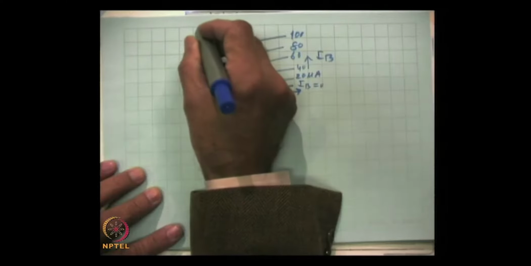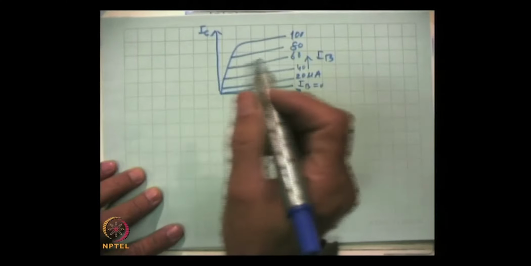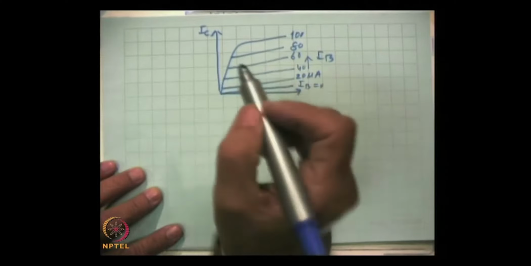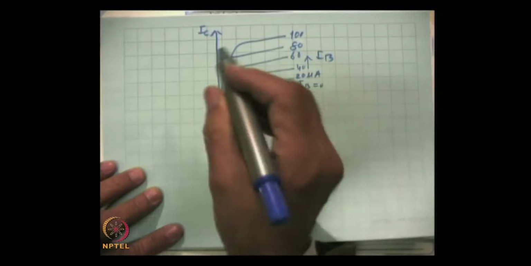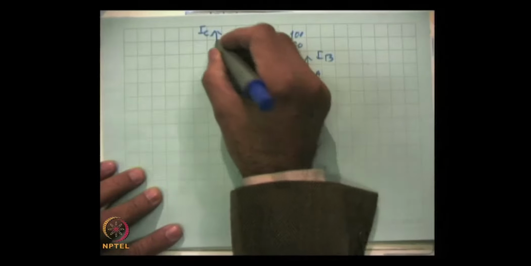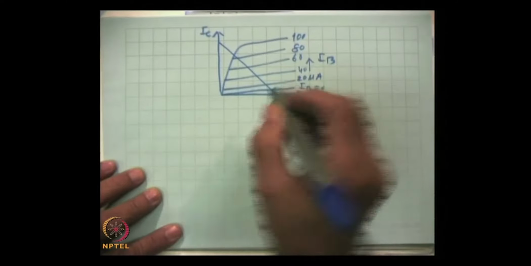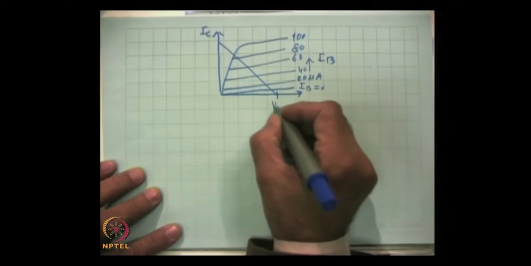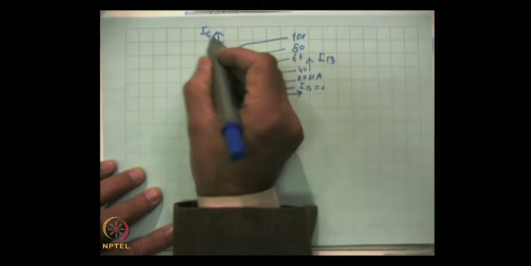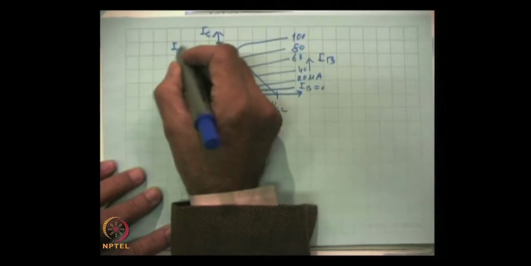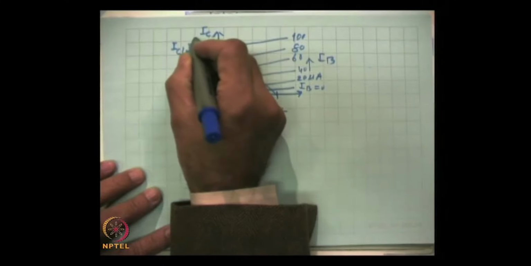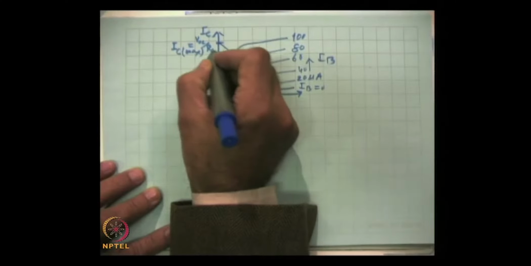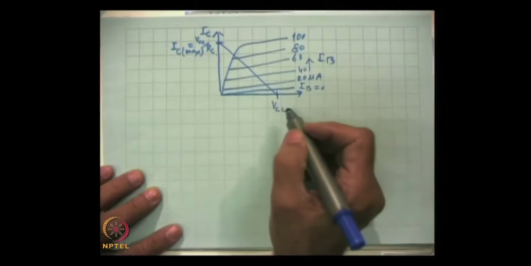This is IC, and you will remember that this is the saturation region, this is the cutoff region, and here is the active region. Now, this load line, when it is drawn over this, was the point VCC, and this is maximum collector current IC max, which is equal to VCC over RC. So, this is the load line.